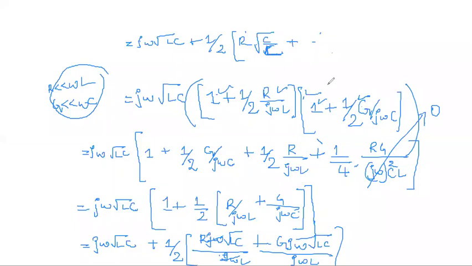Again here you have this j omega and this j omega will get cancelled. So you will be left with G into, here you have again, root L by C.